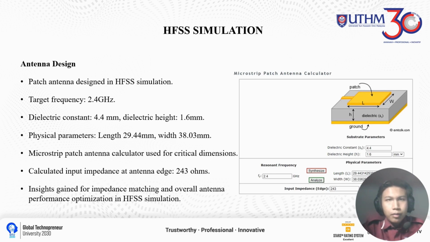Next, for the physical parameters of this patch antenna, the length is 29.44 millimeter and the width is 38.03 millimeter. The calculated input impedance at the antenna edge is 243 ohms. As we can see, this gives insight for impedance matching and overall antenna performance optimization in HFSS simulation.